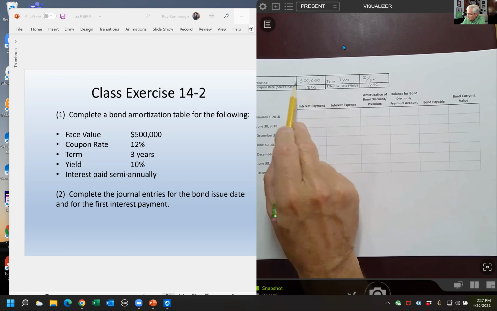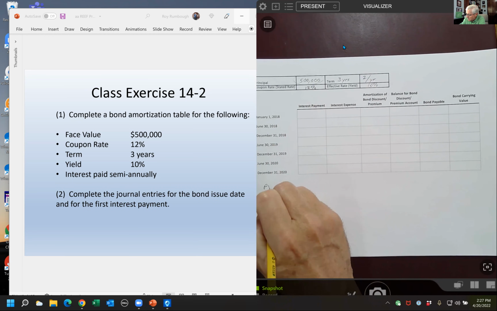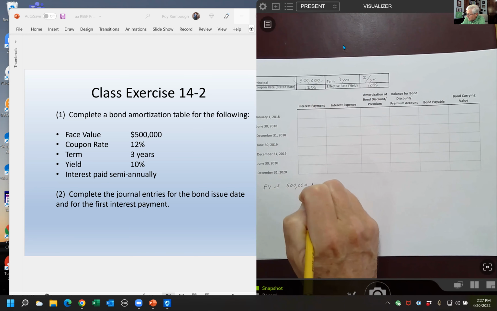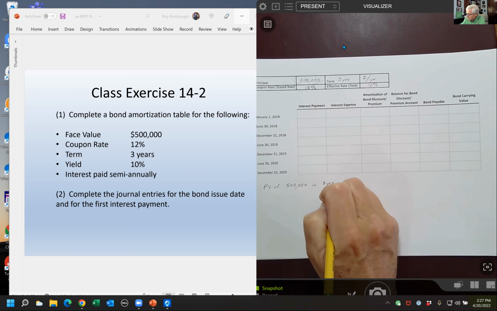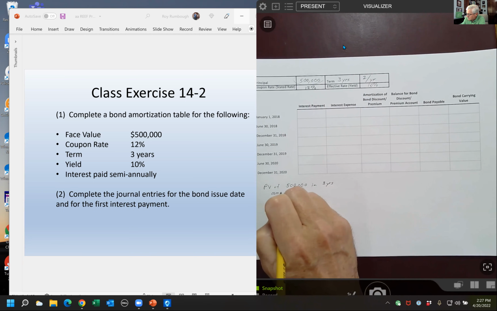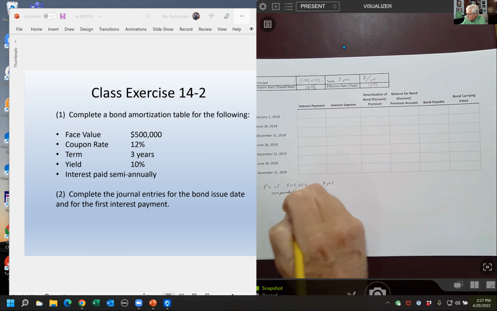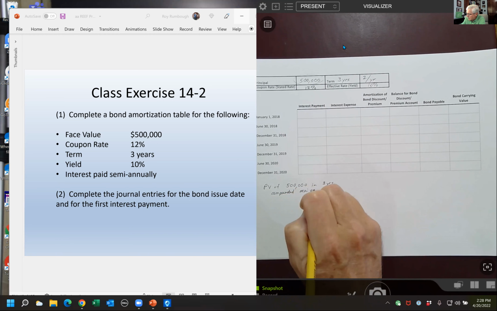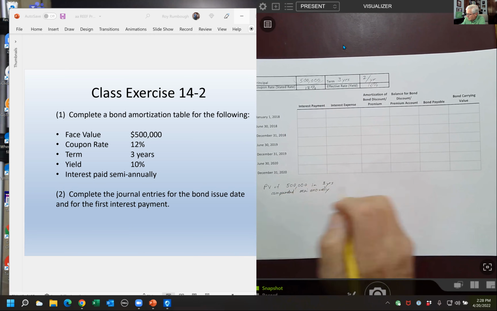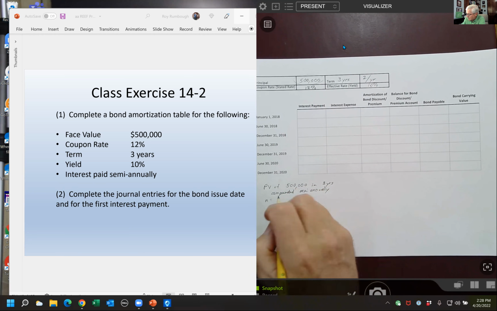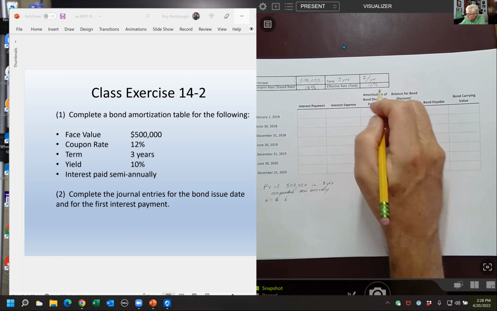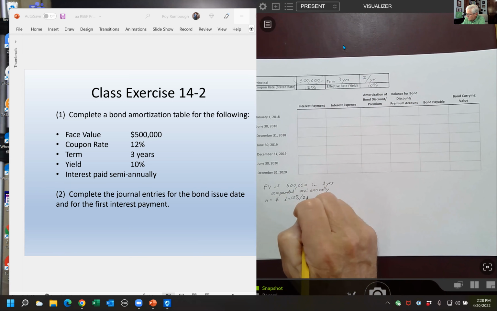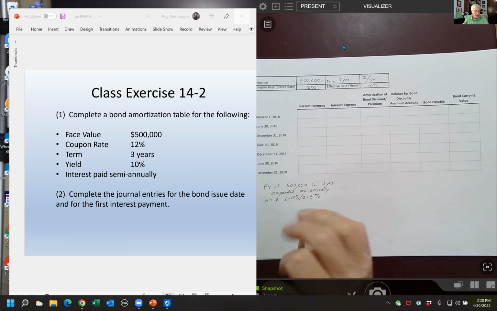We get the present value of this 500,000 in 3 years. N equals 6, I equals 10% divided by 2 equals 5%. And now we could just go do our math.